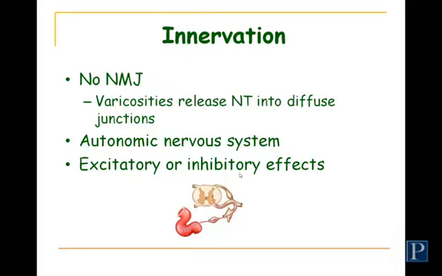So it could either cause the smooth muscle to contract or relax. Skeletal muscle is only excitatory. You cannot have inhibition of skeletal muscle. So when the somatic nervous system does its thing, it's always excitatory. It is never inhibitory. In smooth muscle, it is either excitatory or inhibitory.